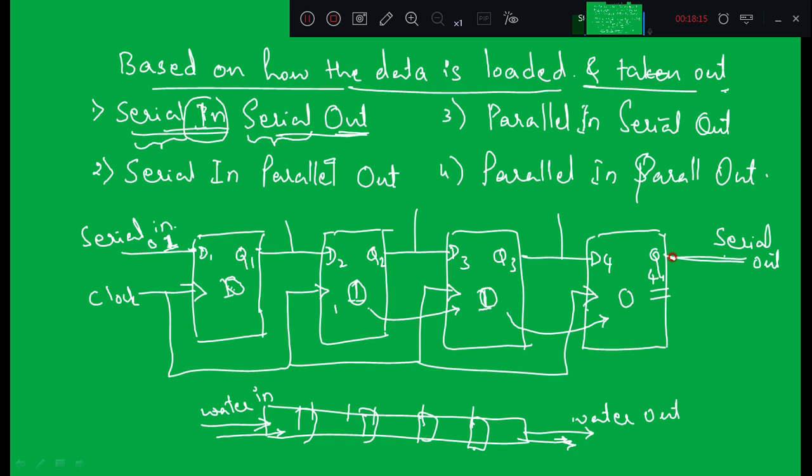Clear? This means the data gets shifted towards right and we are inputting the data serially and taking out the data serially, right? So this is the first operation, the first concept, that is serial in and serial out. Okay, so the rest 3 we will discuss in the next slide.